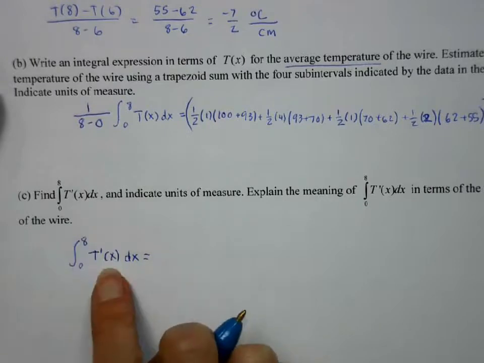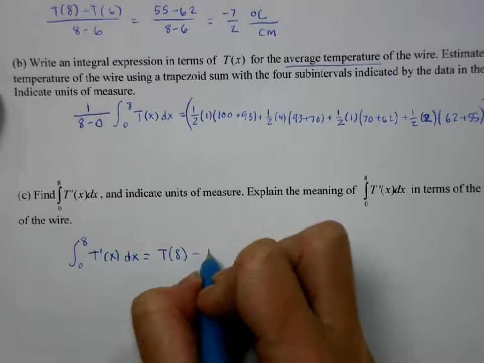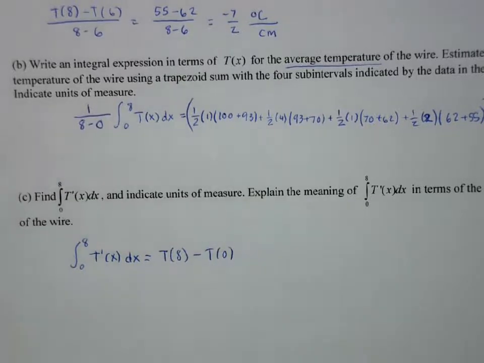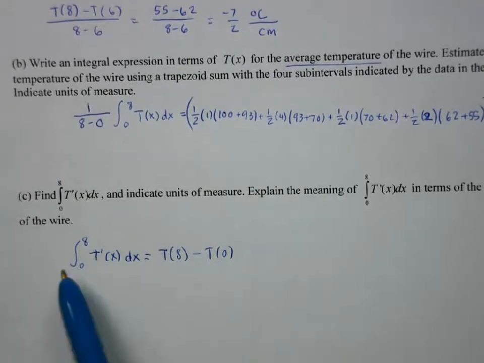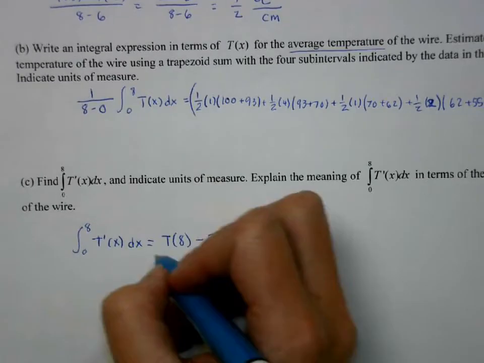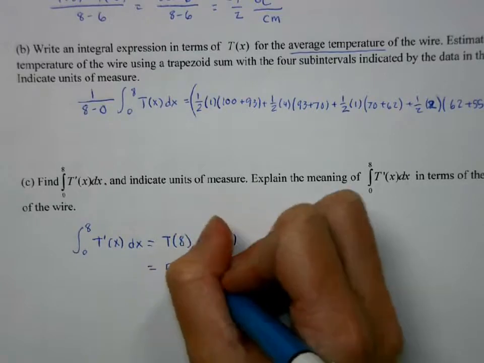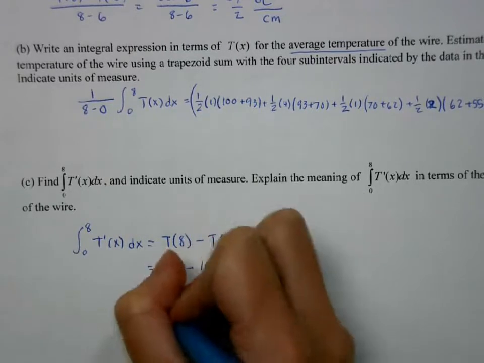That's going to be T of 8 minus T of 0. These are pretty common type problems, understanding that fundamental theorem. We don't have a function to deal with, just a table of values. So we have 55 minus 100. That's negative 45 degrees Celsius.